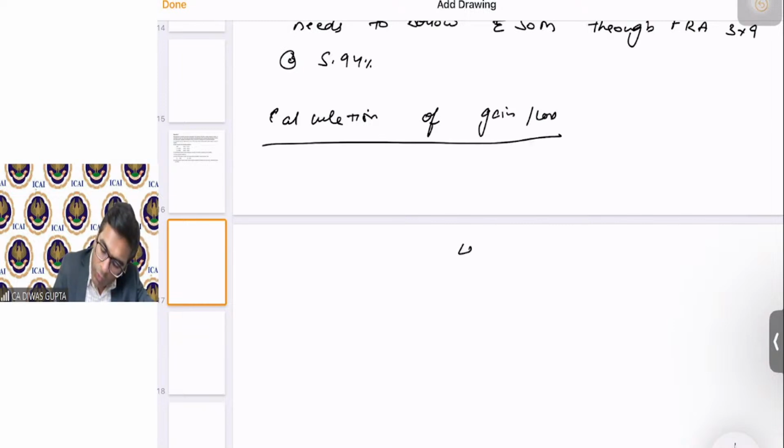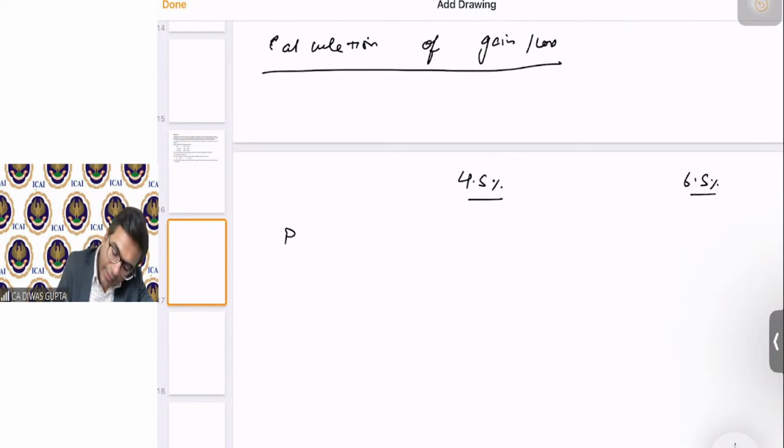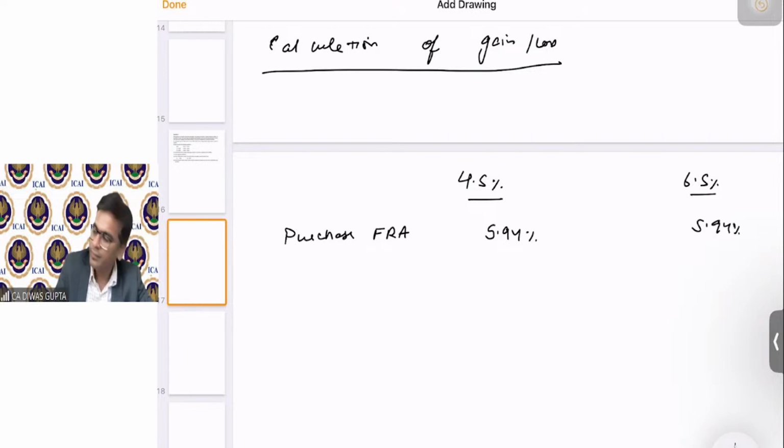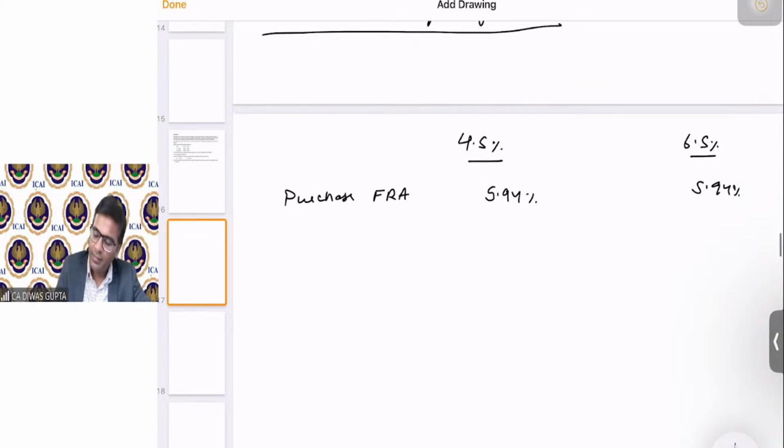So we have been given two different rates. One is 4.5%, second is 6.5%. So we have done a purchase of FRA, right? The rate at which we have purchased is 5.94. So here in first place, there is a loss of 1.44%, which is 5.94% minus 4.5%.